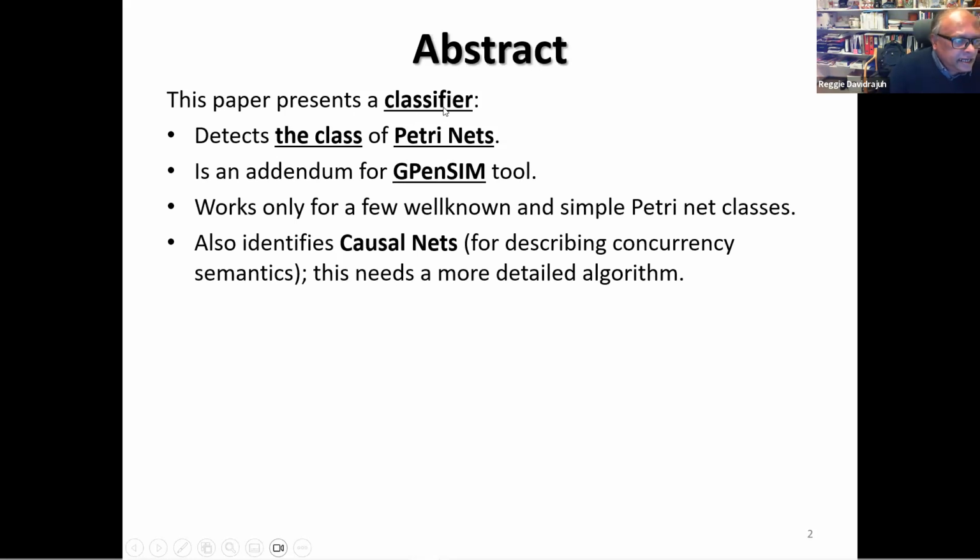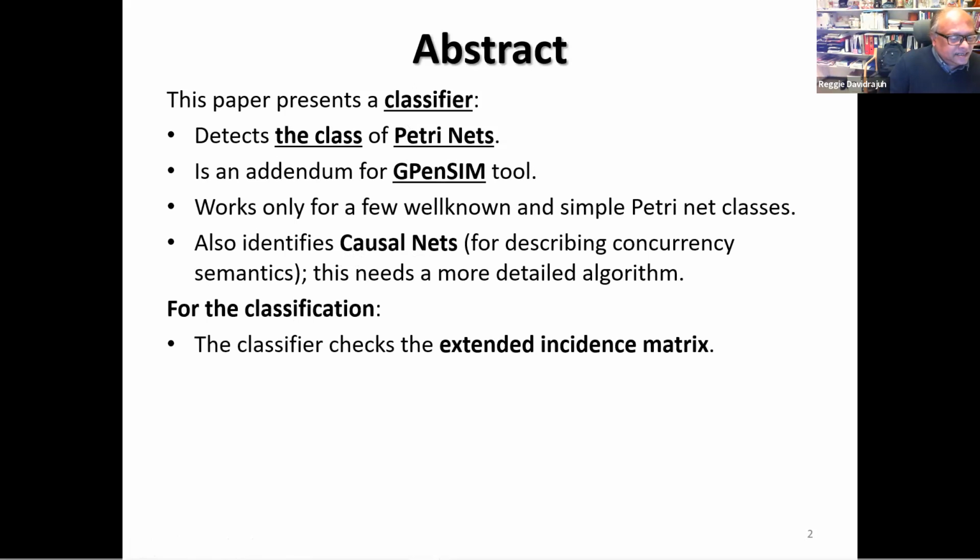The classifier will also identify causal nets automatically. So, how do we do it? GPenSim has the extended incident matrix, which I will explain in a minute. Using this extended incident matrix, it is easy to do the classification using simple linear algebraic techniques.